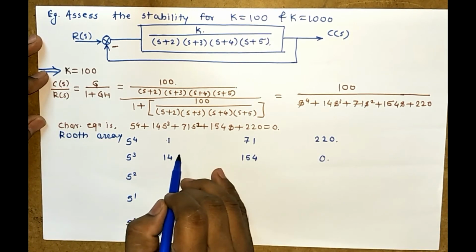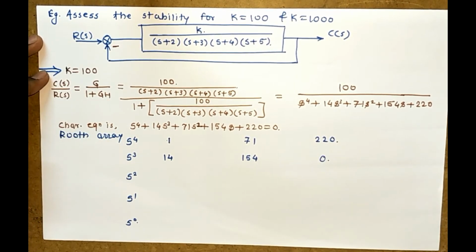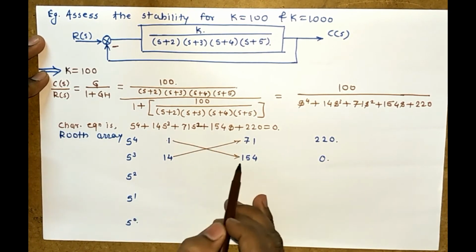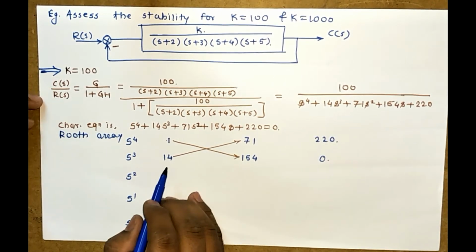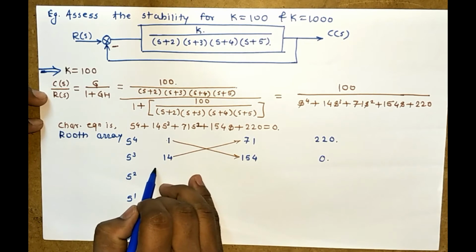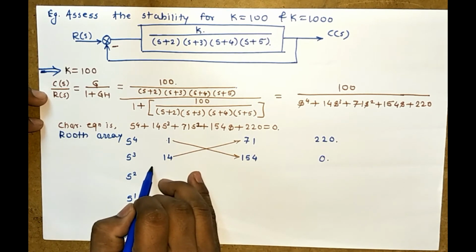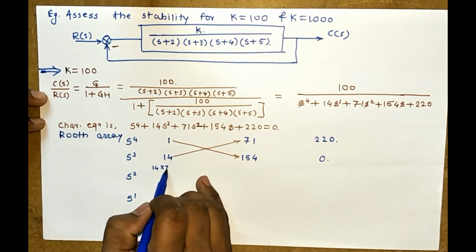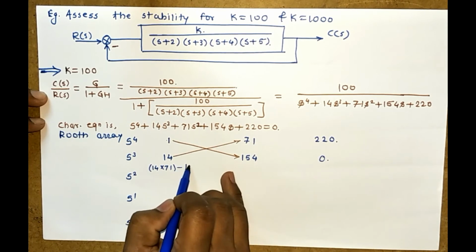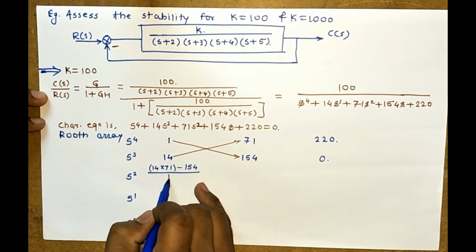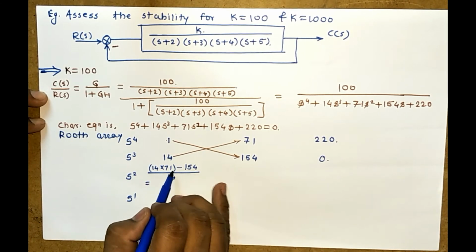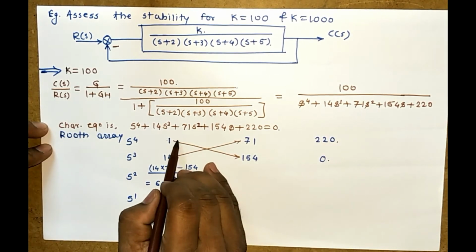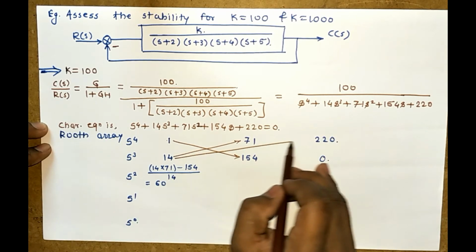Now solve for the determinant. That is 14 into 71 minus 1 into 154 divided by 14. To solve this, we get answer 60.